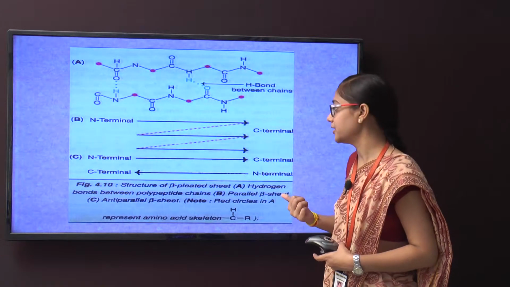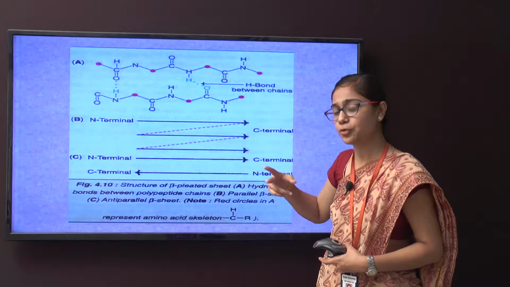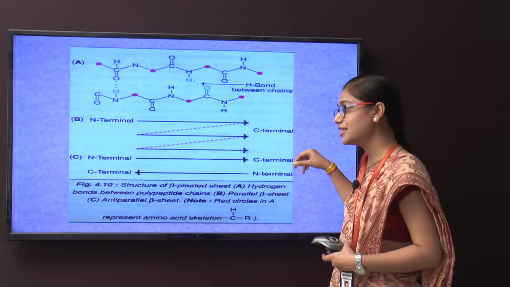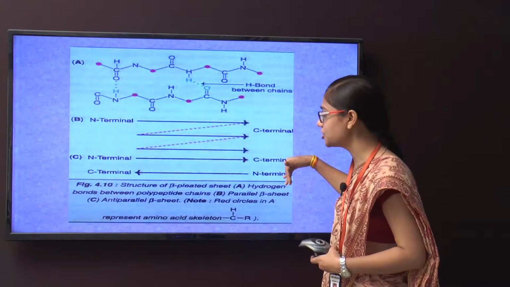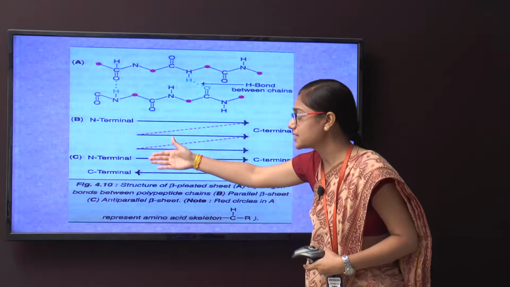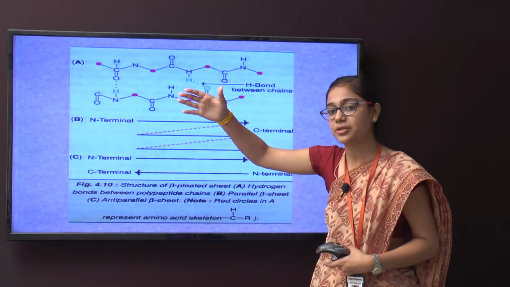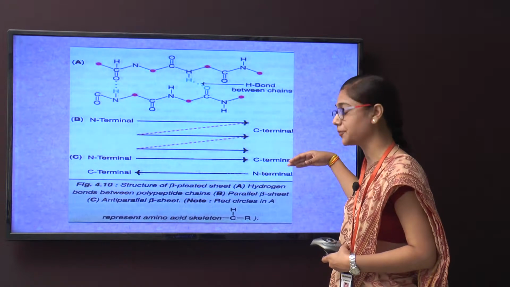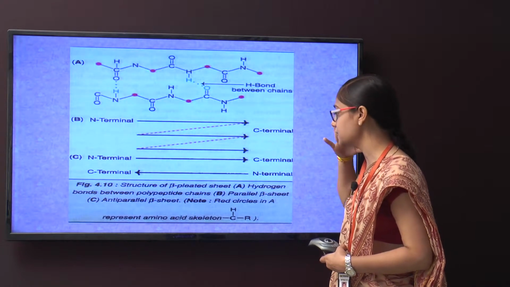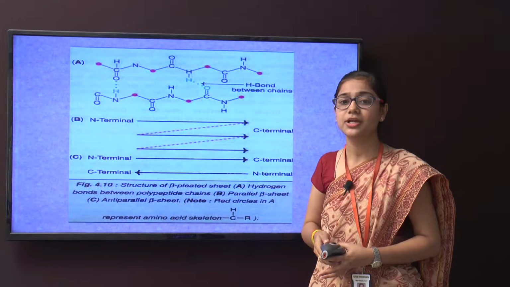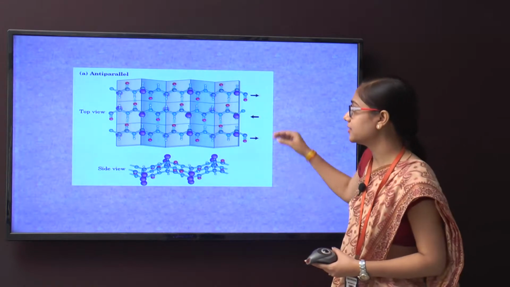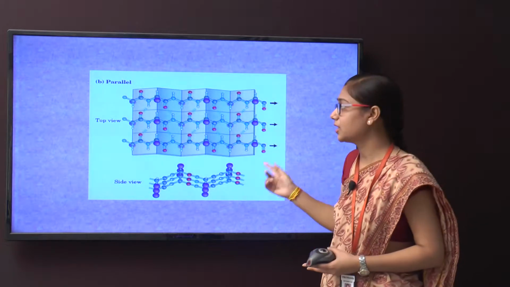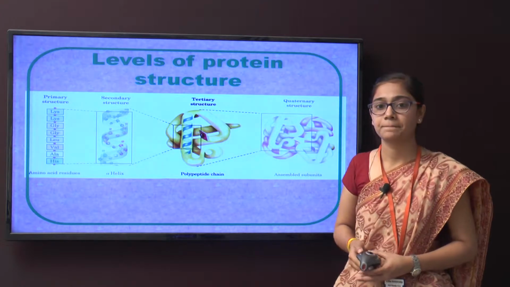In the anti-parallel there are 2 polypeptide chains. In the first chain it goes N terminal to C terminal, and in the second chain the direction is reversed: below the N terminal of the first chain there is a C terminal. You can see here this is the anti-parallel, and this is the parallel.